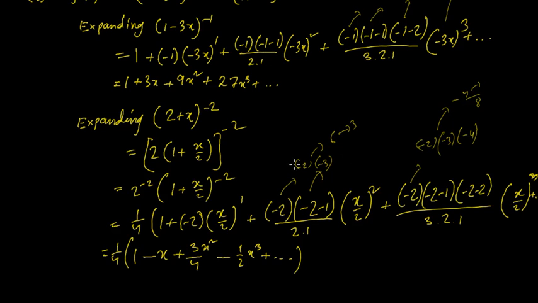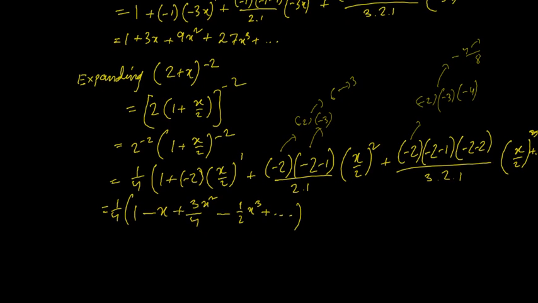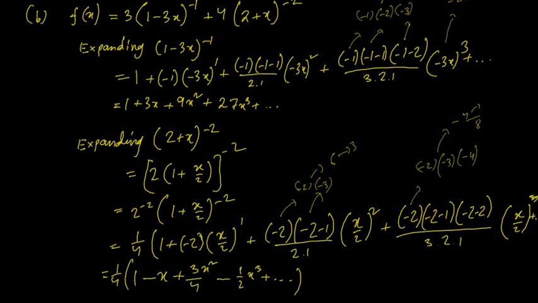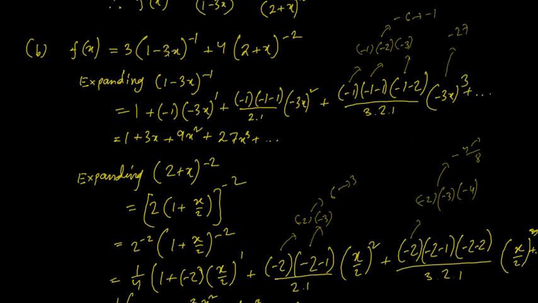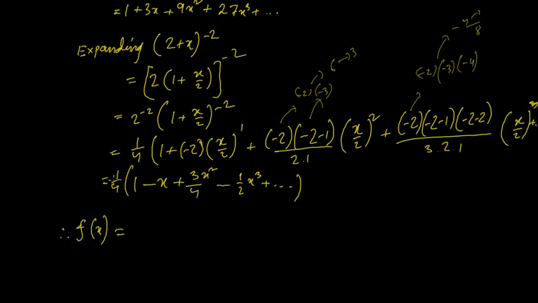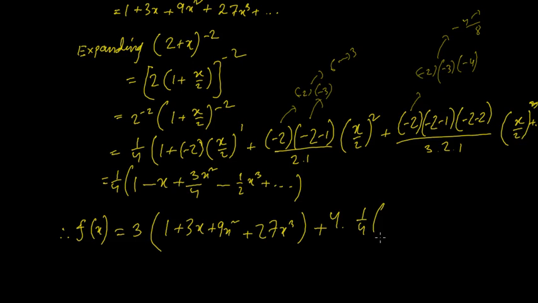Now f(x) equals 3 times the first expansion plus 4 times the second expansion. I recommend you keep the 1 by 4 outside because it will cancel off. So 3 times the first expansion, which was 1 plus 3x plus 9x squared plus 27x cubed, plus 4 times, now this one is 1 by 4 times (1 minus x plus 3 by 4 x squared minus 1 by 2 x cubed).